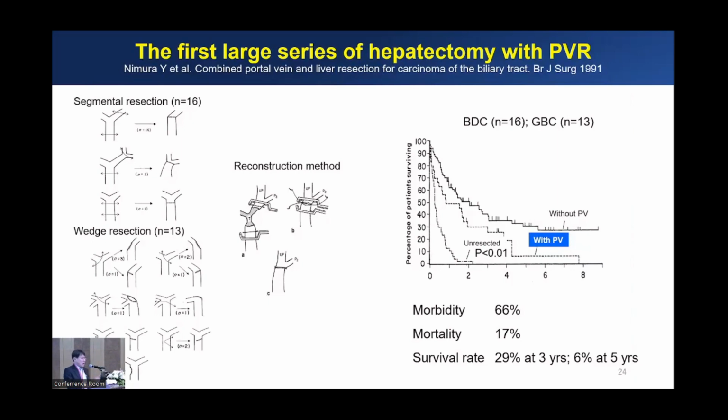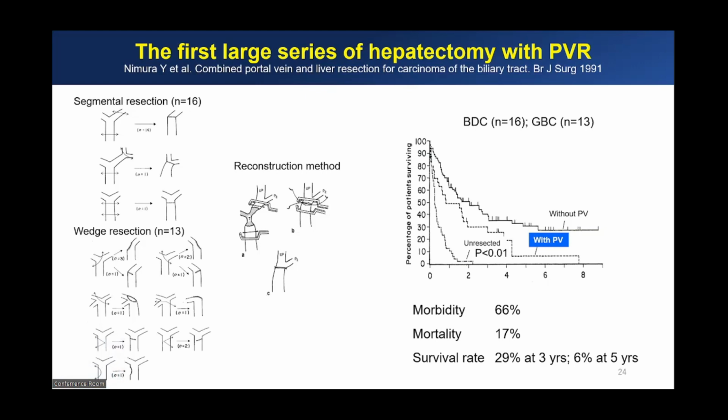So this is our result of the portal vein resection and reconstruction. In 1991, the Grandmaster Nimura first reported 98 patients who underwent portal vein resection. He performed several types of portal vein resection.